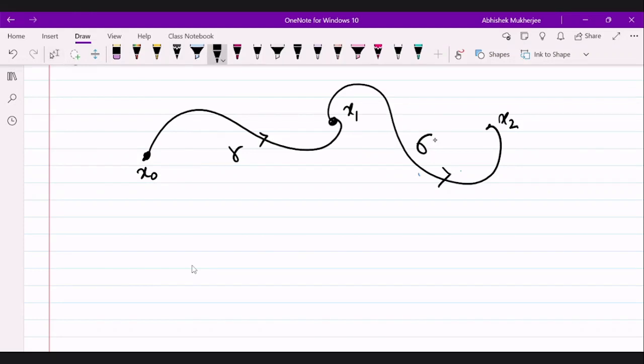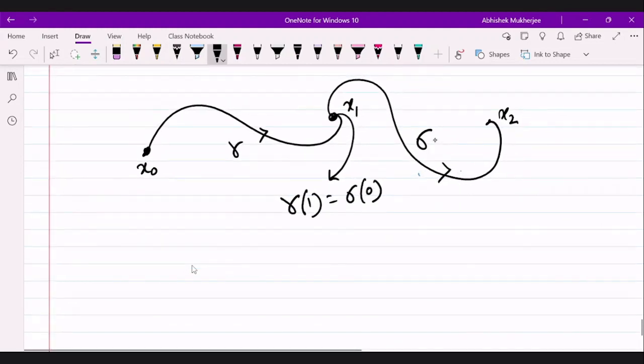So here, this is gamma 1 and this is your sigma 0, right? So you are assuming something here, that the end point of gamma should be the starting point of sigma. Okay. Then using the pasting lemma, you can define a path from x0 to x2.